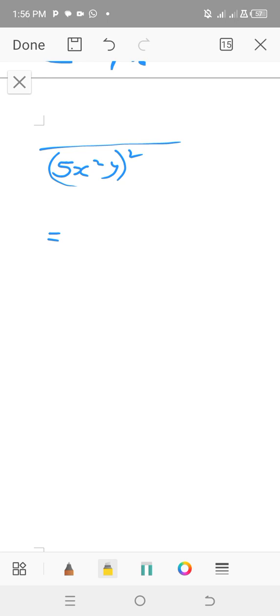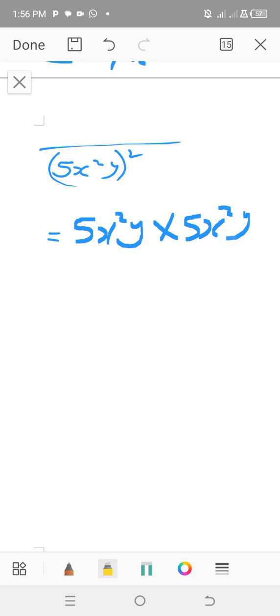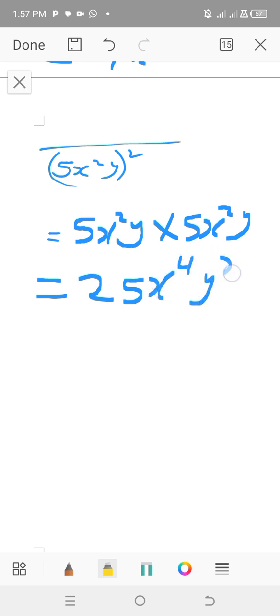And the next question is 5x squared y raised to the power of 2. That is 5x squared y times 5x squared y. So that gives 5 times 5 is 25. x squared times x squared is x raised to the power of 4, and y times y is y raised to the power of 2.